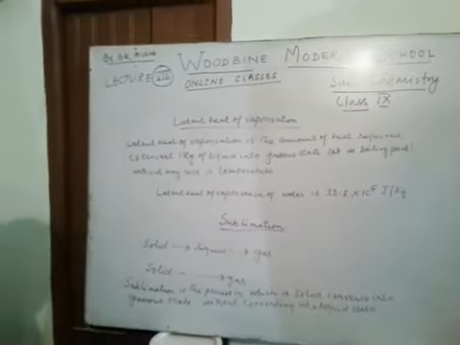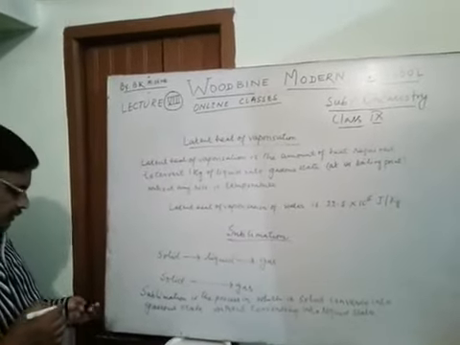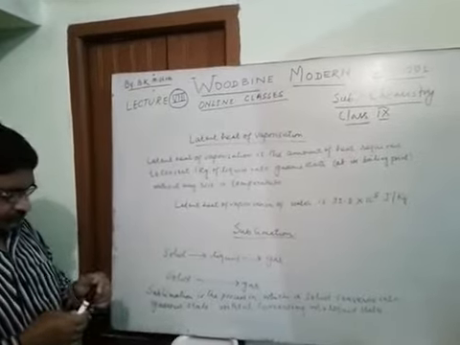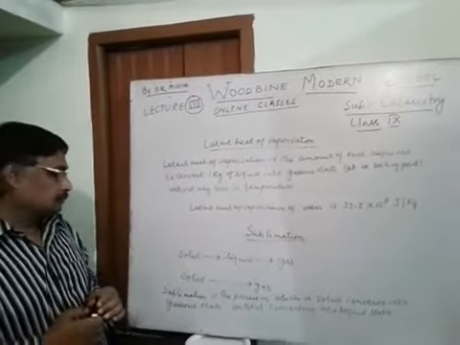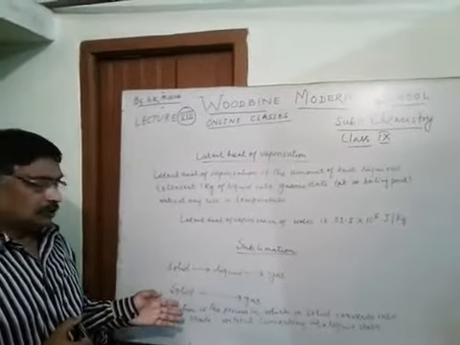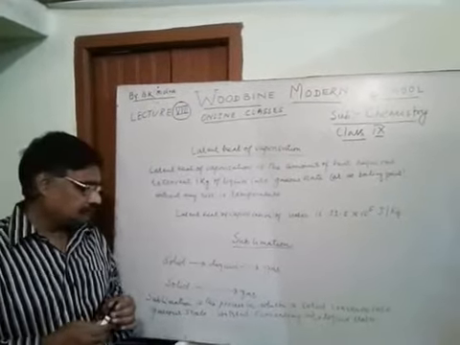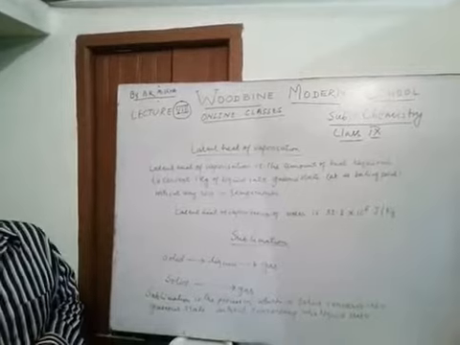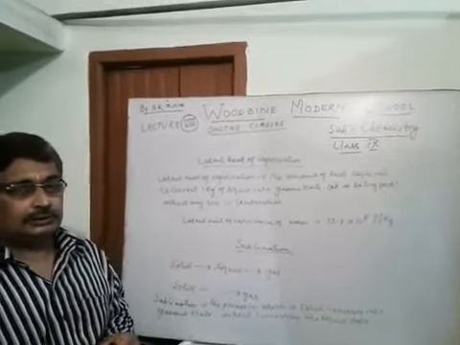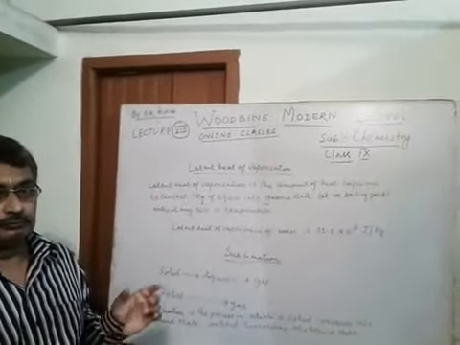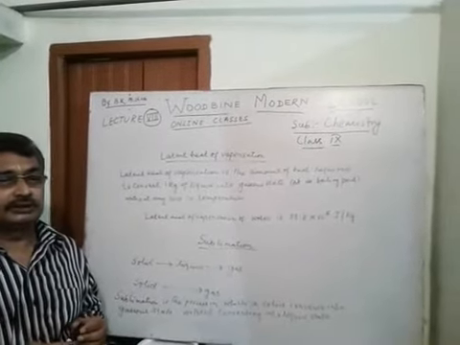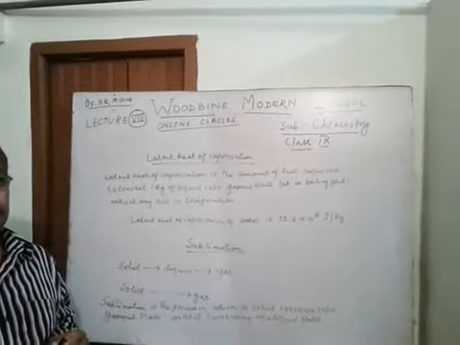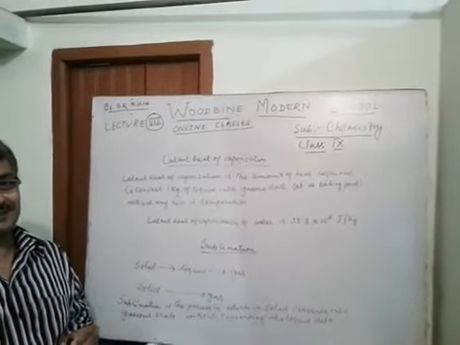So, what is sublimation and what are the substances which sublime? I have told you ammonium chloride, camphor, as well as naphthalene balls. We use naphthalene balls in the boxes where woolen materials are kept, to keep away moths and insects.